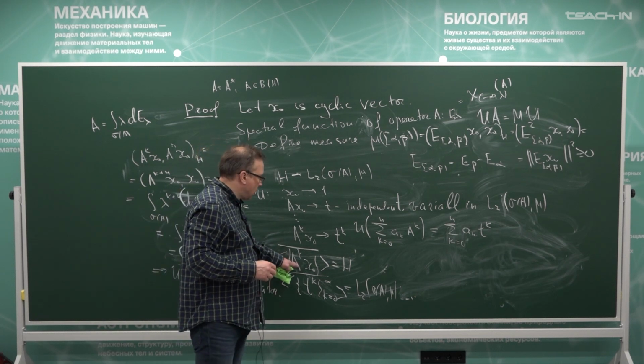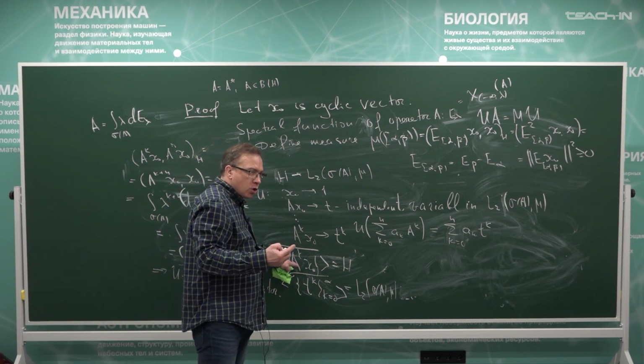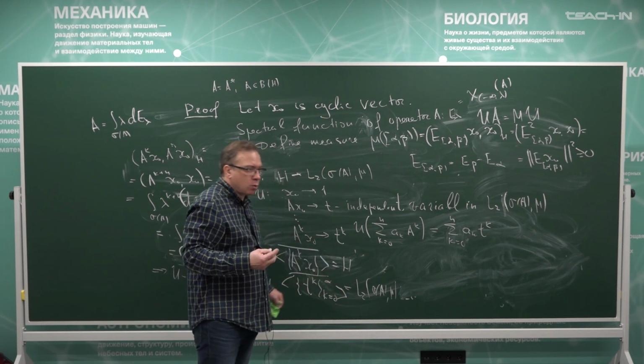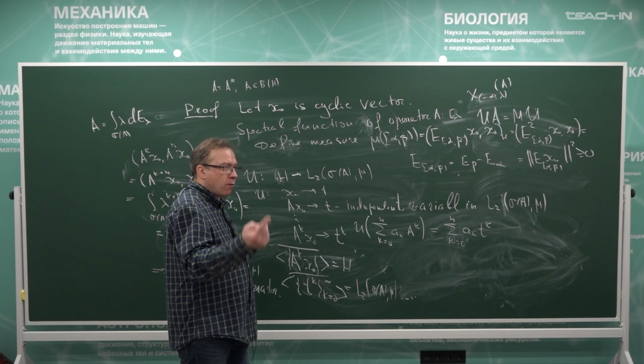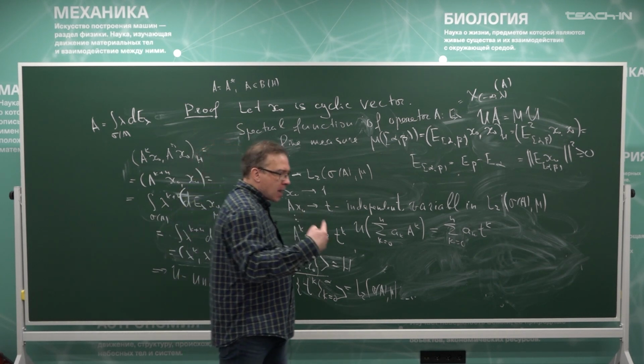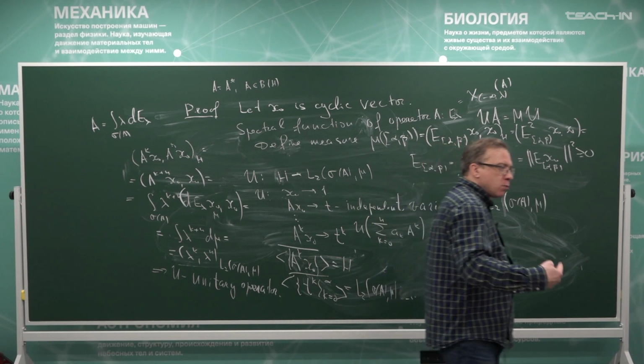But this linear span is dense in H, and polynomials are dense in L2. So we have an isomorphism between the whole spaces: a full isomorphism from the space H to L2 on the spectrum with this measure mu.